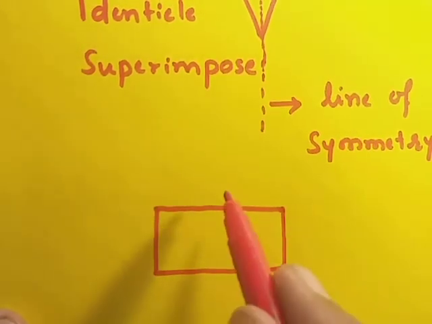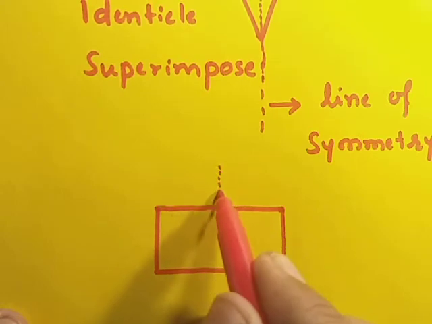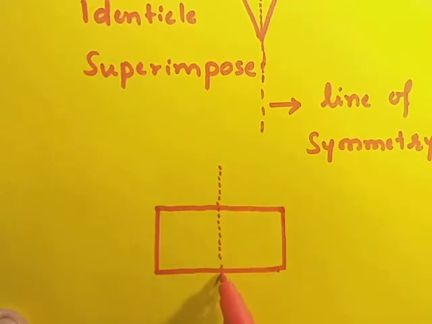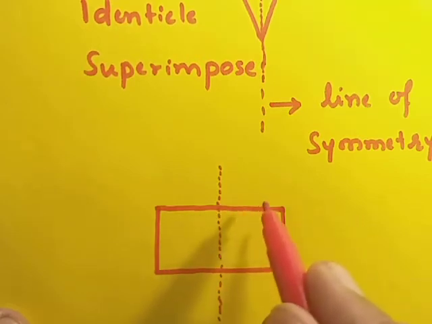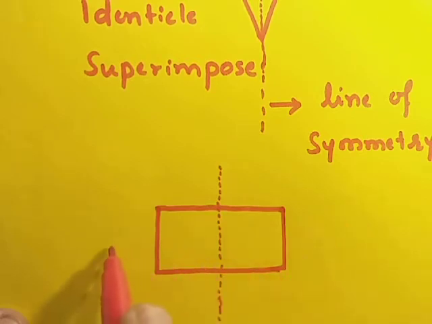And here a line can be drawn exactly along the vertical section. This is called vertical line of symmetry.